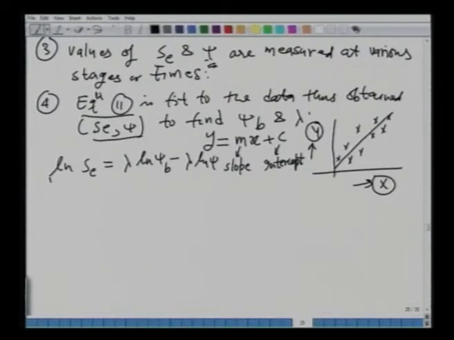So this whole thing, let us say, is your capital Y, and this whole quantity is your C, and psi is your x, and so then this becomes your m. Okay. So, we have reduced this equation in the form of y is equal to mx plus c. We have the data in terms of S E and psi.